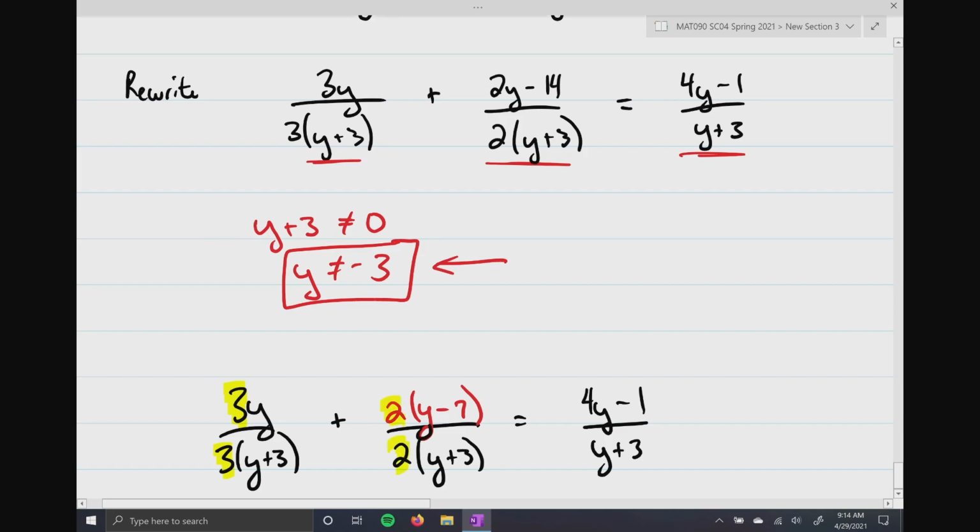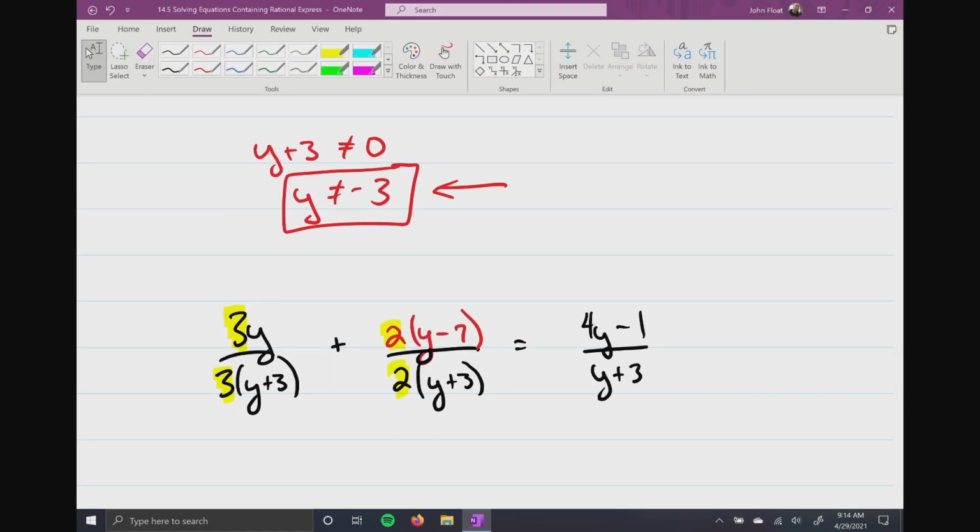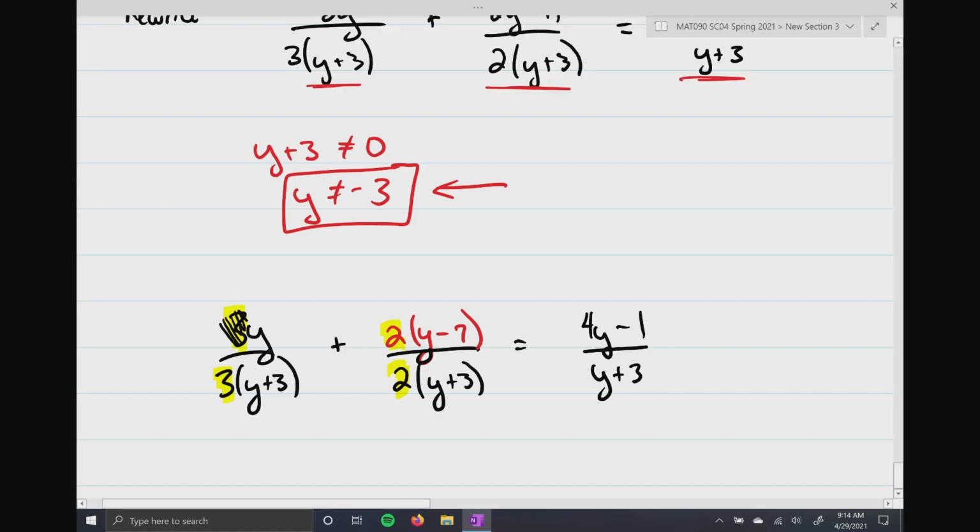So there was a lot of upfront work that I can do to try to make my life a little bit easier. If you missed it, don't worry. It's going to come out at the end the same exact answer. You're just going to have maybe a little bit larger numbers, but that's not a big deal. You know how to deal with that stuff. So let me go ahead and simplify this. The 3's reduce.